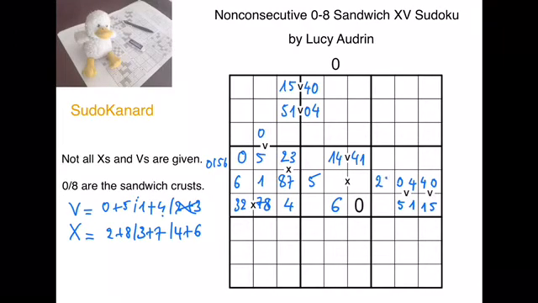So this is 2 or 3. And the other digit 2 or 3 can't be here. They would be next to each other and consecutive, so it must be there. We must have 2 or 3 in one of those cells.